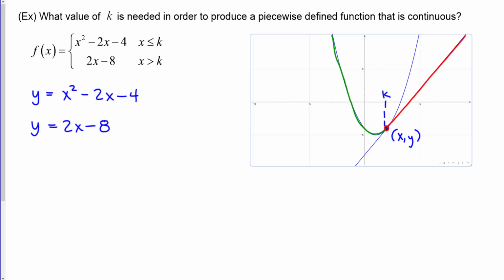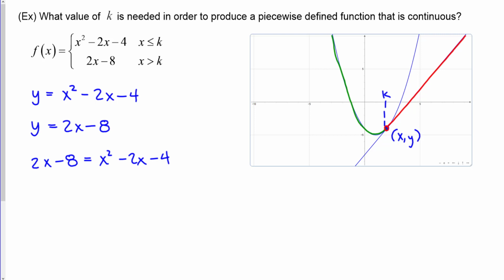If we want our x and y values to be the same, then assume that you have the same y value and set each of these functions equal to one another. So I could say I need 2x minus 8 equal to x squared minus 2x minus 4.